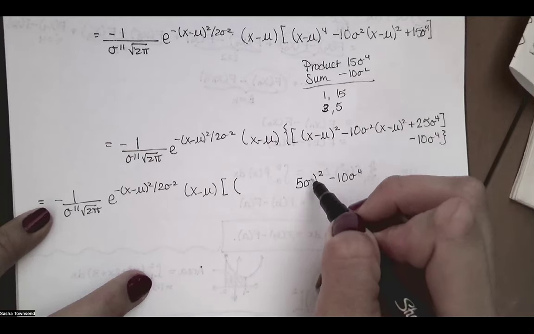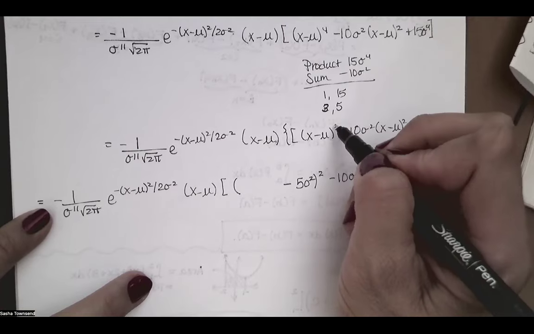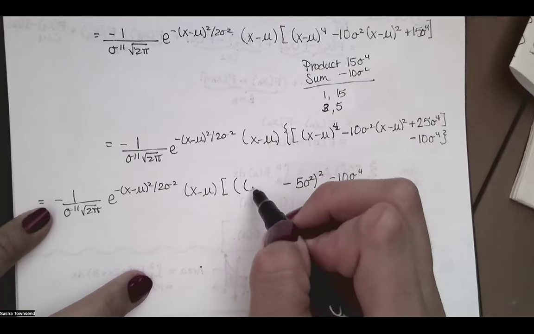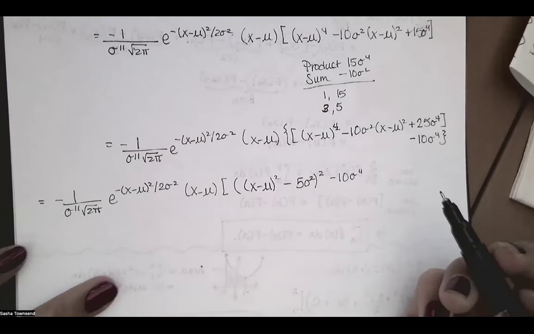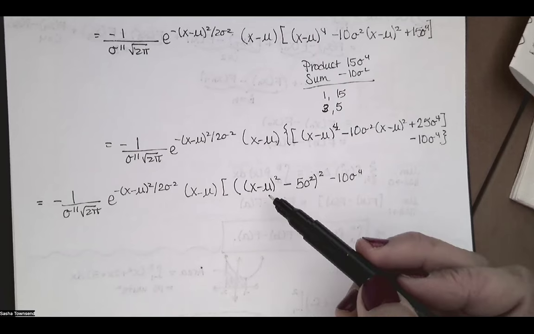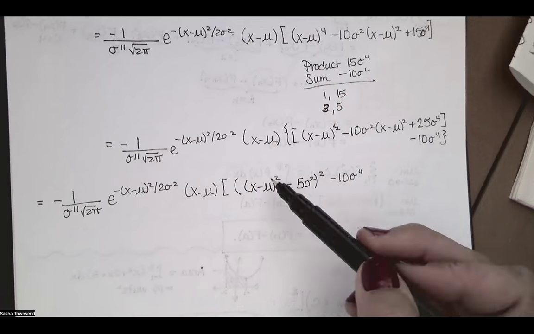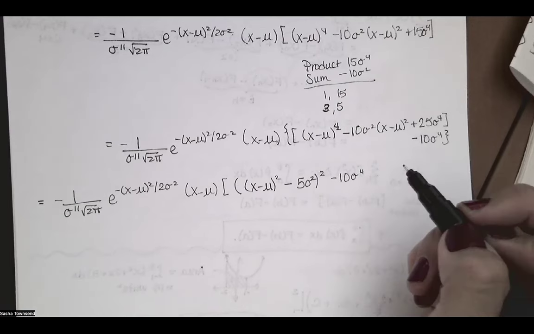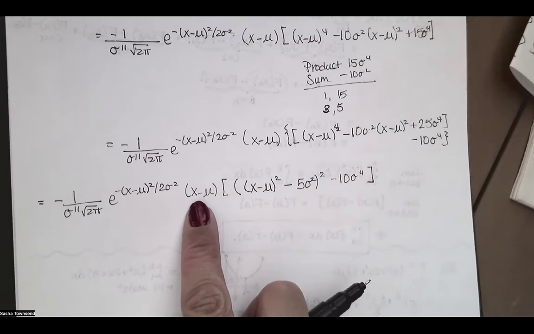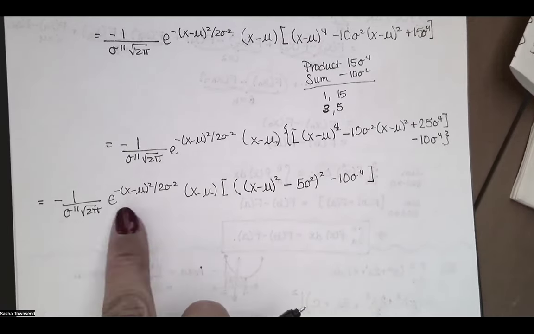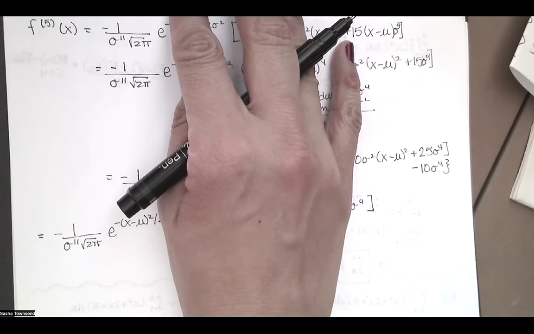So I'll have a 5 sigma squared here, subtracting that because that's a negative sign. And then I'll have, this is an x minus mu to the 4th. So this is actually, excuse me, x minus mu squared. So I end up with x minus mu squared minus 5 sigma squared quantity squared, all of that minus this. Okay. And that is our factor that's multiplying that x minus mu. And that is times this equals that 5th derivative of f.